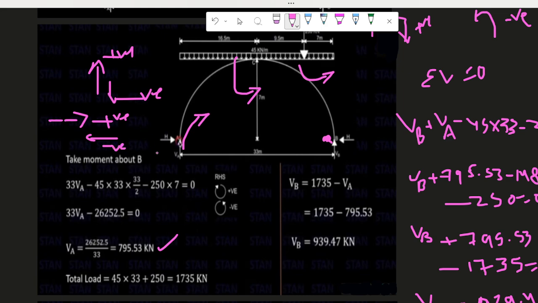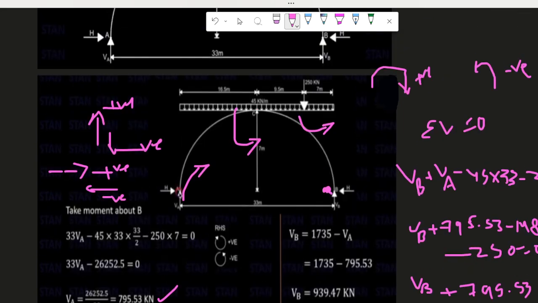VA and VB are upward, so positive. The UDL converted into a point load, 45 into 33, acts downward, so it is negative. The 250 kilonewton load also acts downward, so it is taken with a minus sign, equal to 0.